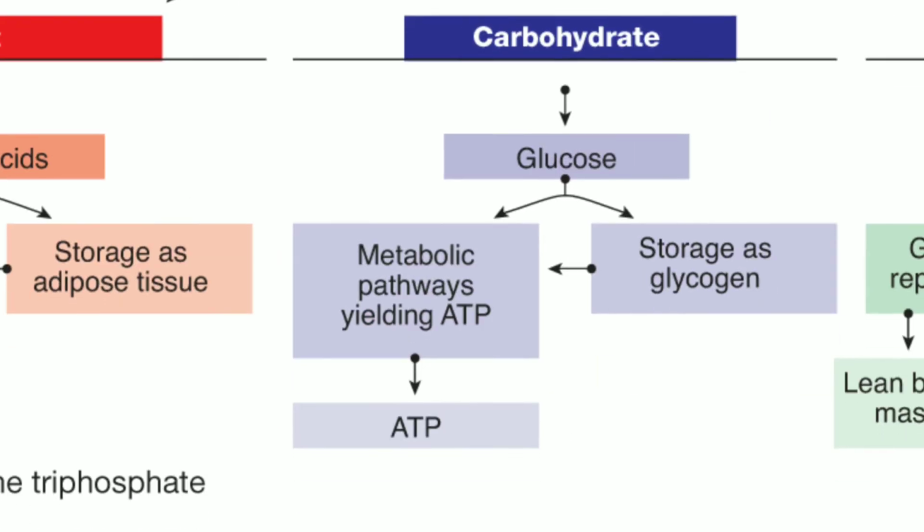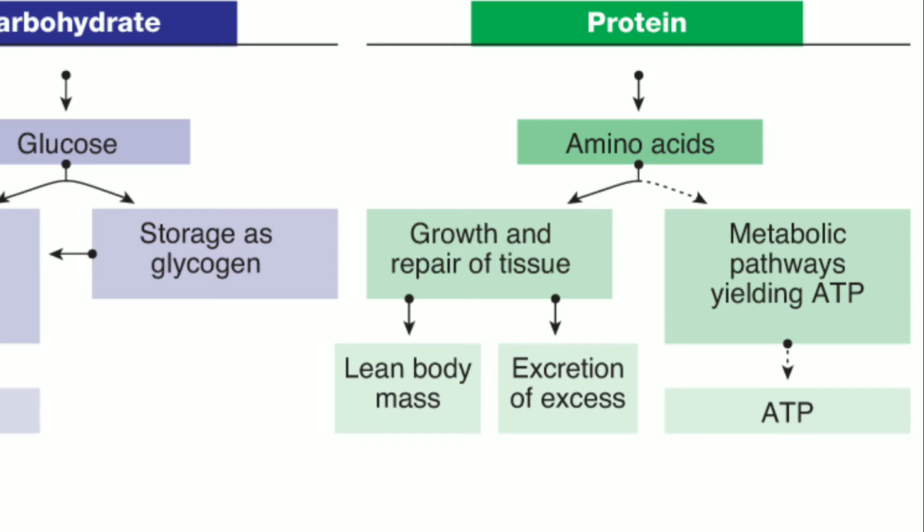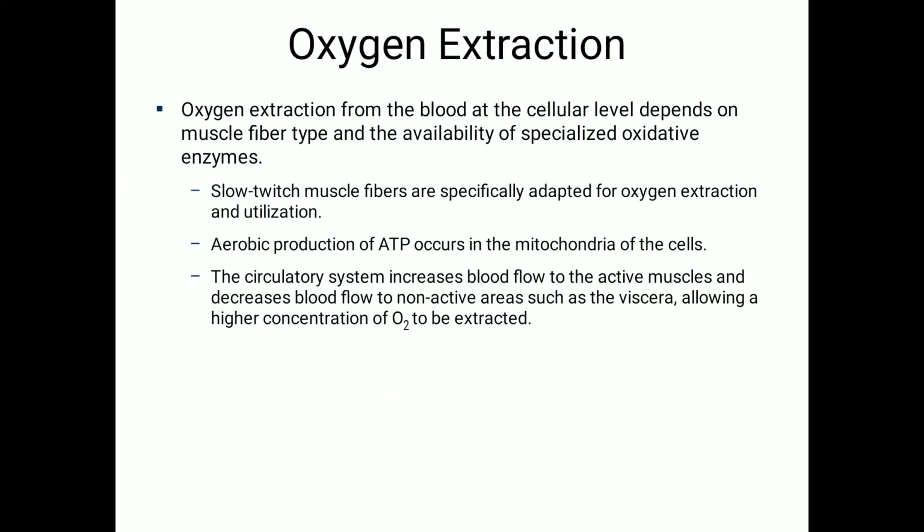Glucose generally yields ATP by a metabolic pathway and also gets stored as glycogen. Amino acids, the majority contribute to the growth and repair of tissue, and apart from that some amount of amino acids also enters the metabolic pathway to generate ATP.